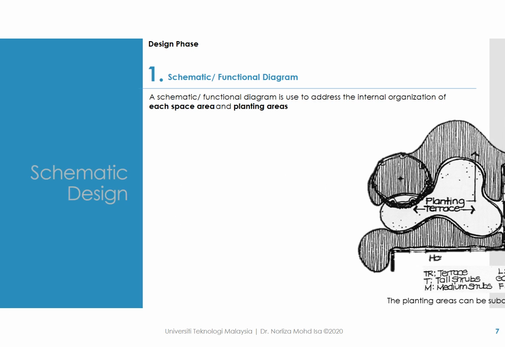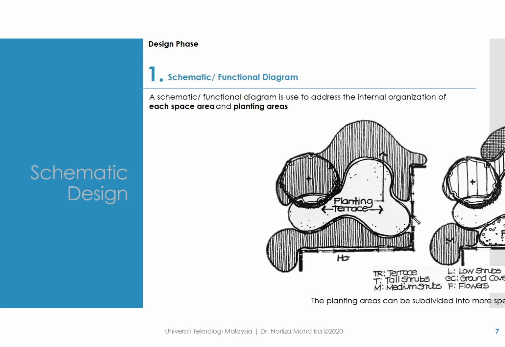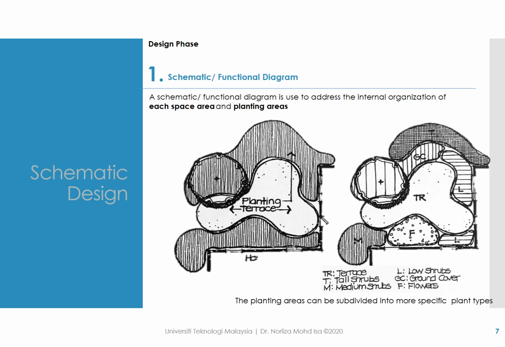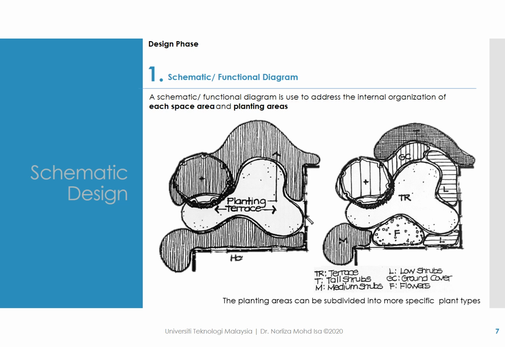The planting areas can be subdivided into more specific plant types. For example, the terrace, the tall shrubs, medium shrubs, the low shrub, ground covers, and also flowers. All will be labeled in the diagram.